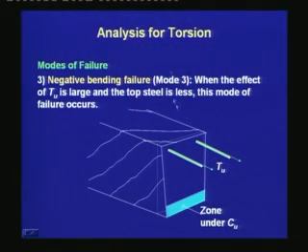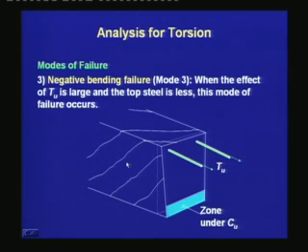The third mode of failure, which is the negative bending failure and denoted as mode 3, occurs when the effect of torsion Tu is large and the top steel is less.